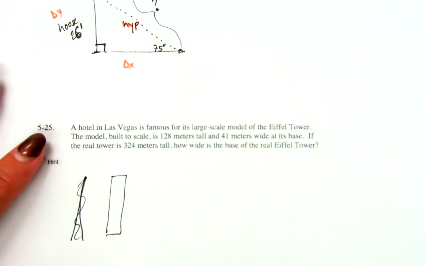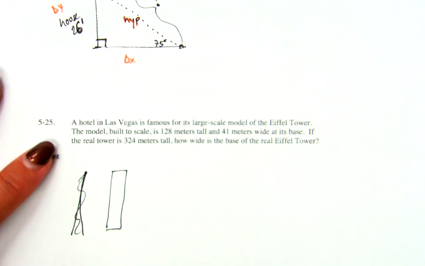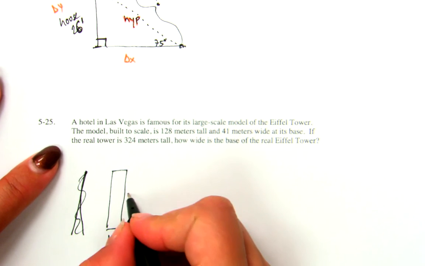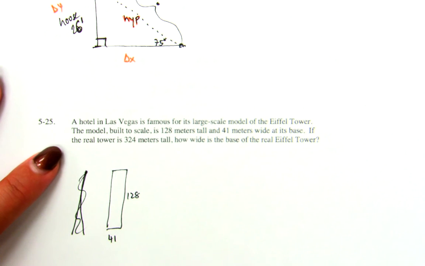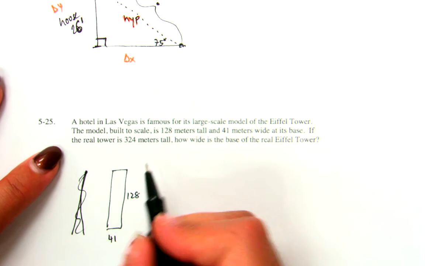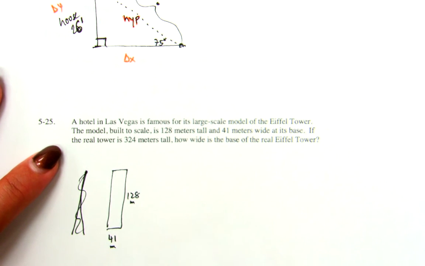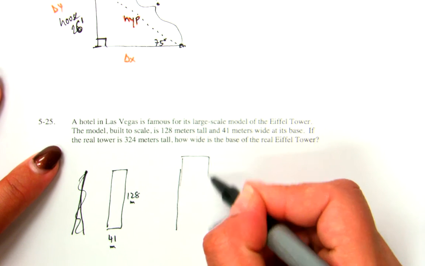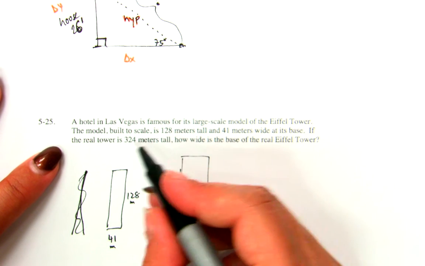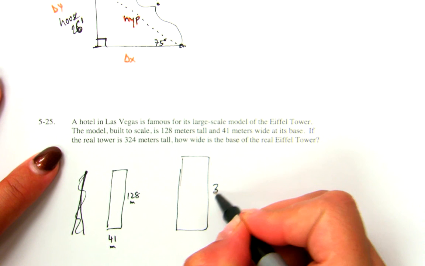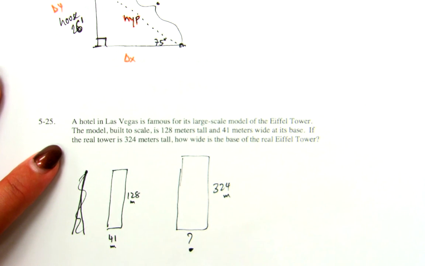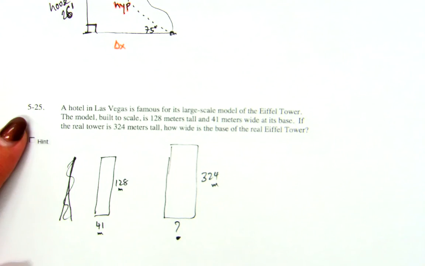The model built to scale is 128 meters tall, 41 meters wide at the base. If the real tower is 324 meters tall, how wide is the base? Okay. That should be pretty easy to do.